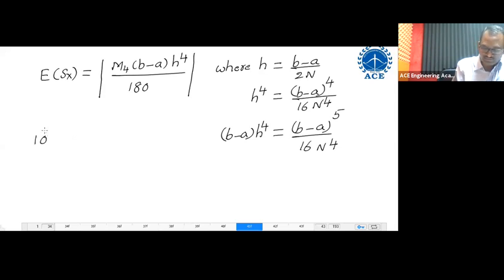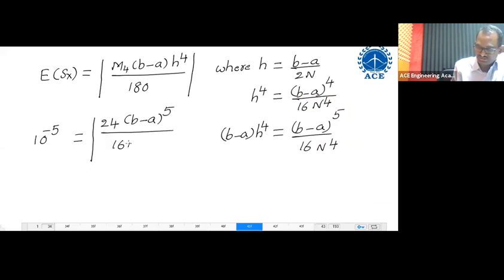Error value given already 10 power minus 5. M4 value 24. B minus a into h power 4 value (b minus a) whole power 5 by 16 n power 4 into 180.